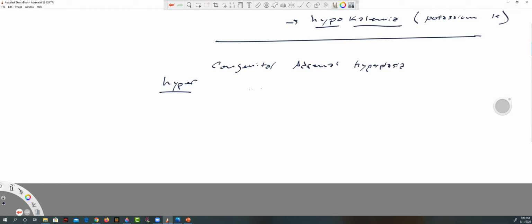Congenital adrenal hyperplasia. That is from birth. Well, it's congenital, so it's going to be from birth. Adrenal gland overgrowth.